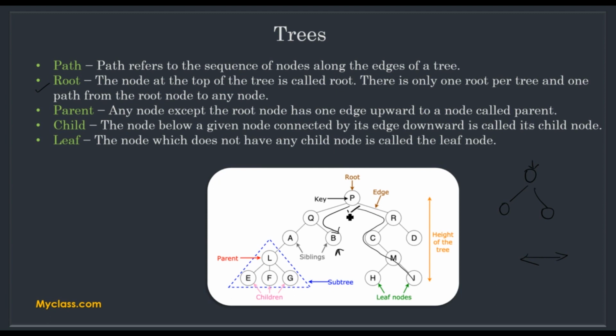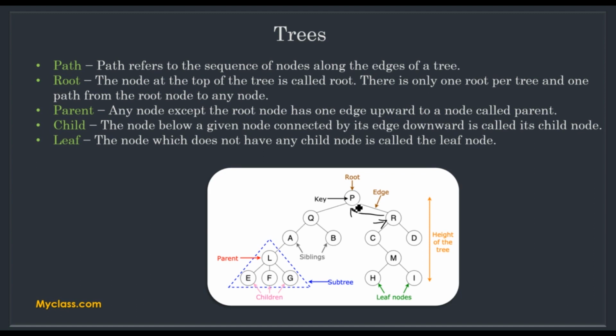So there is a parent-child relationship when compared to the root node. In this particular example, the root has two children, Q and R. When we look at node R, there is an edge upward to another node, called the parent. P is the parent of R.